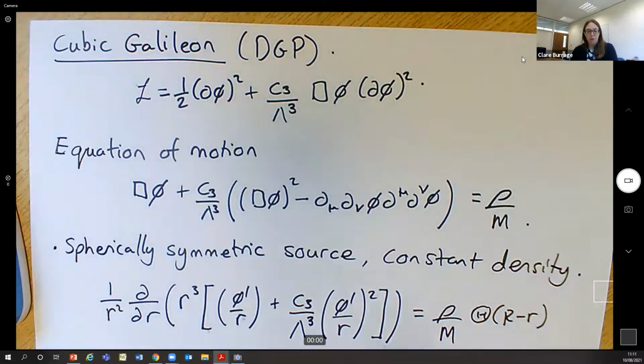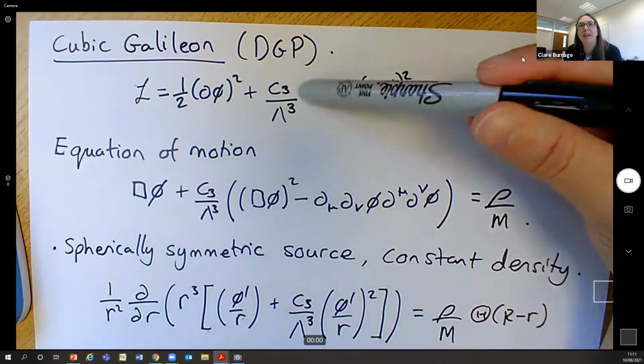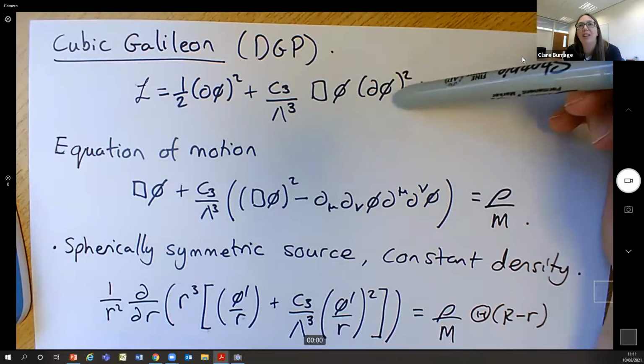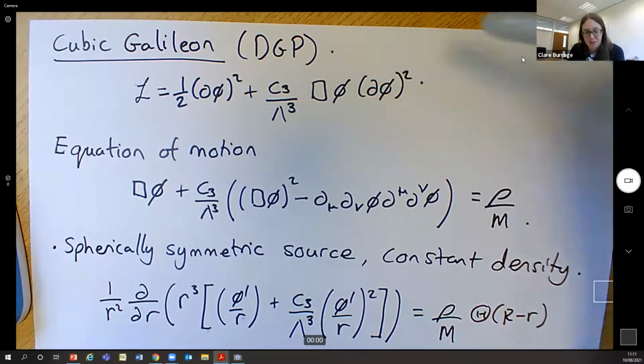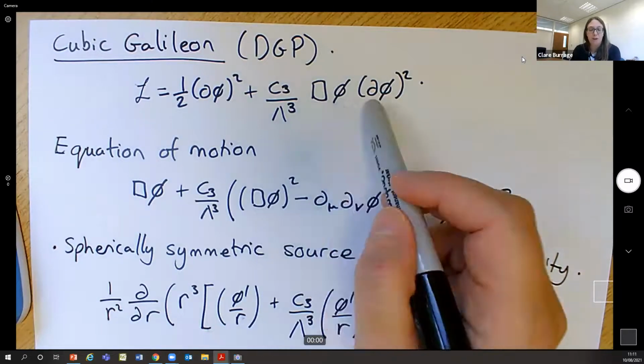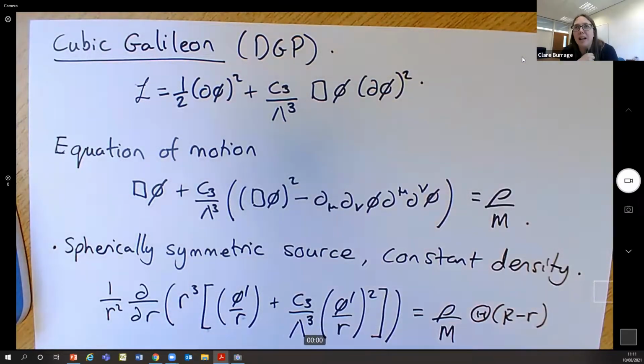And you might look at this term here, our cubic Galilean term, and count the number of derivatives: we've got 4 derivatives in this term and 3 copies of the scalar field, and wonder how on earth we're going to end up with an equation of motion that has at most 2 time derivatives per scalar field.